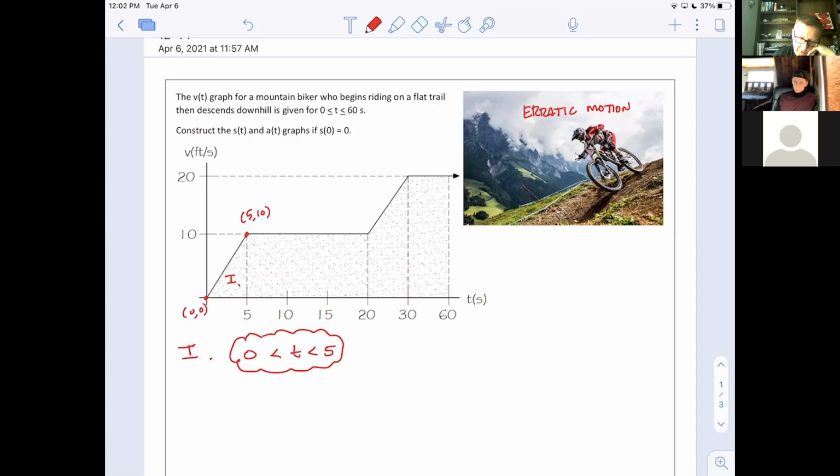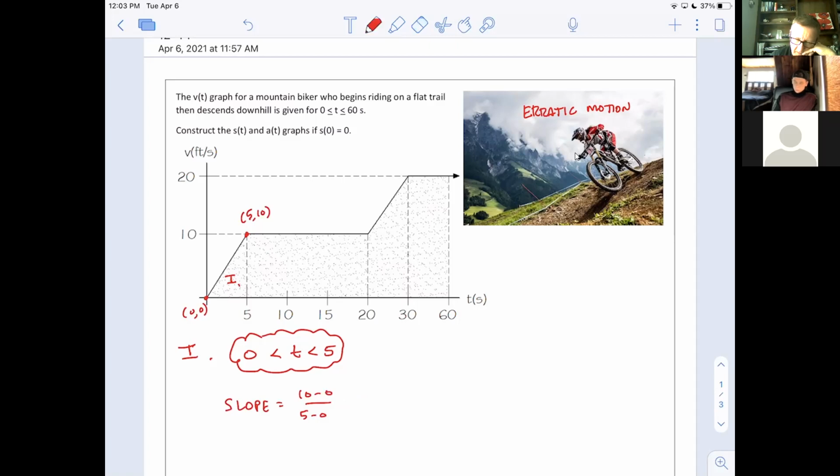So I'll just ask you this question. What's the slope of that line? 2. 10 minus 0 over 5 minus 0, which is actually 2. What's the meaning of that here? It means that he's accelerating at 2 meters per second squared, or 2 meters per second per second.